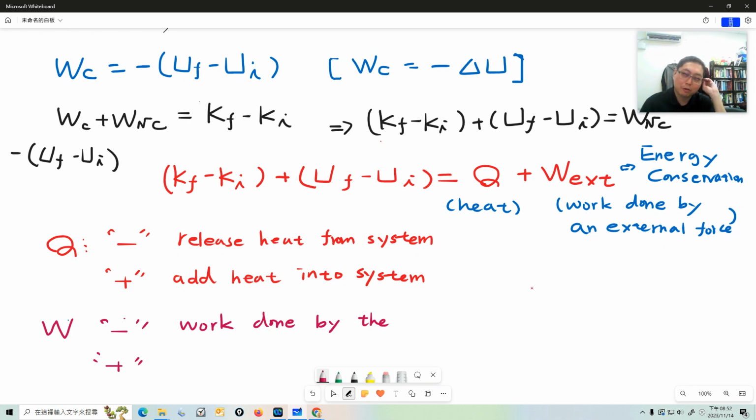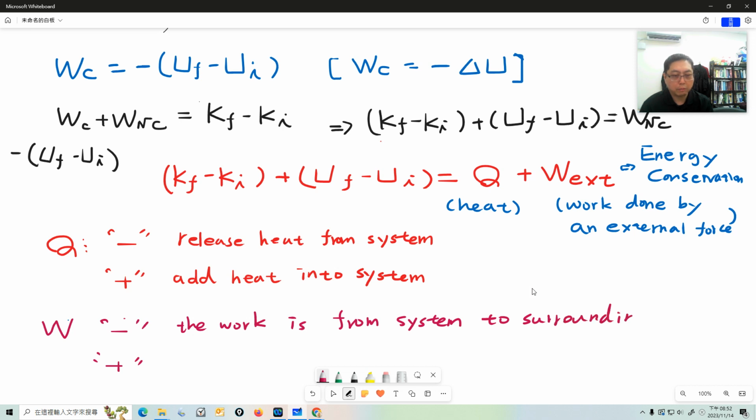I want to say it's from system to outside, system to surrounding. The work is from system to surrounding.